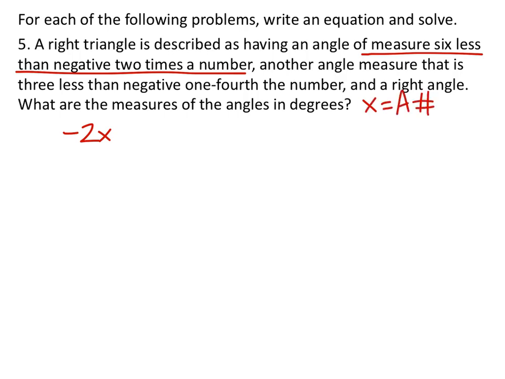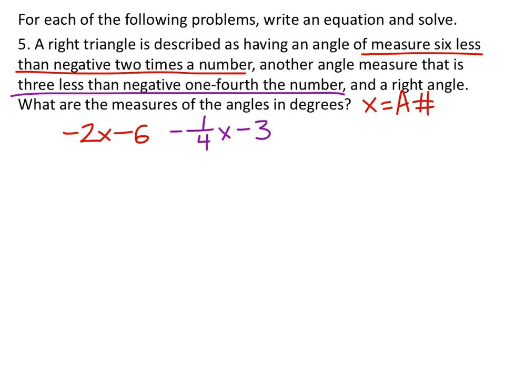But it's 6 less than that, so we would have to take 6 off of that. Now another angle measure that is 3 less than negative 1/4 the number. So that means we would have to take 1/4 of the number. It's a negative 1/4, I apologize. And it's 3 less than that, so we would have to take 3 off of that.